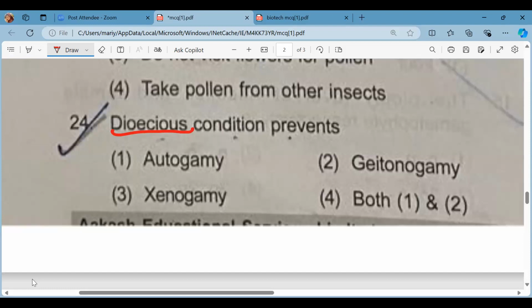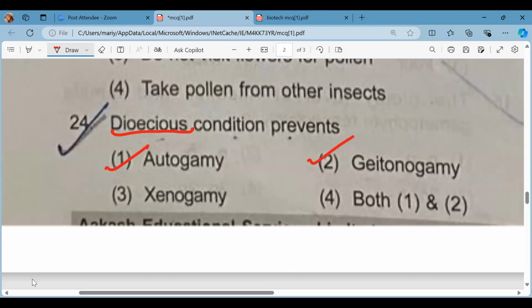It's like unisexuality: a single sex on one plant, the other on the other. So in that case, self pollination would obviously not happen, isn't it? Number four, autogamy and geitonogamy will not happen.